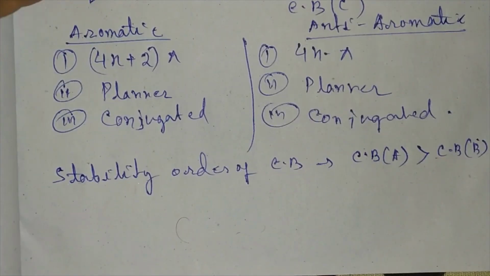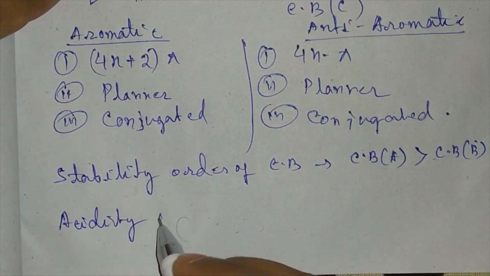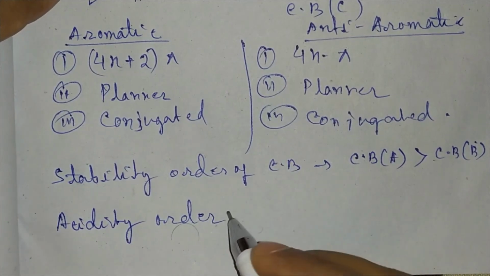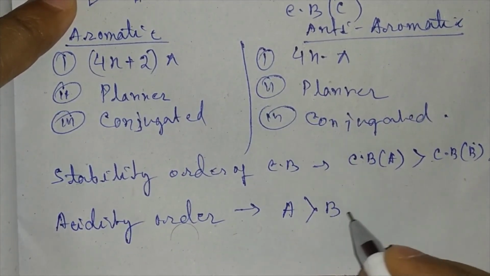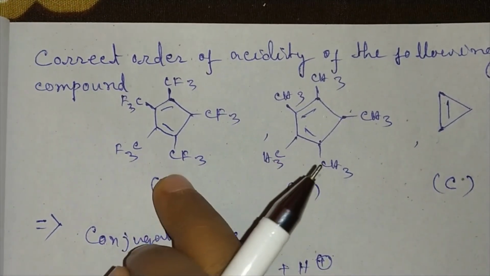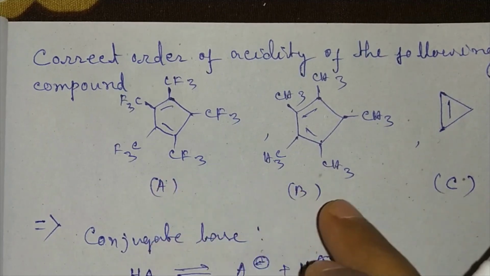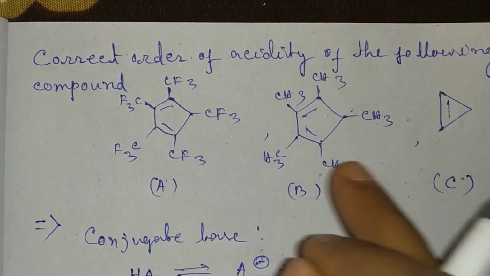So the acidity order is A greater than B greater than C. This compound is highly acidic, then it will be far lesser than these two.